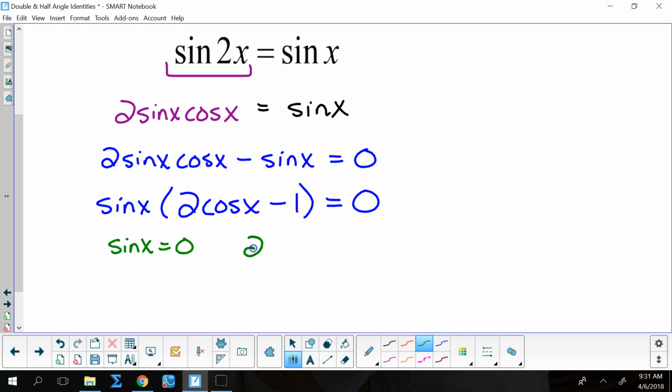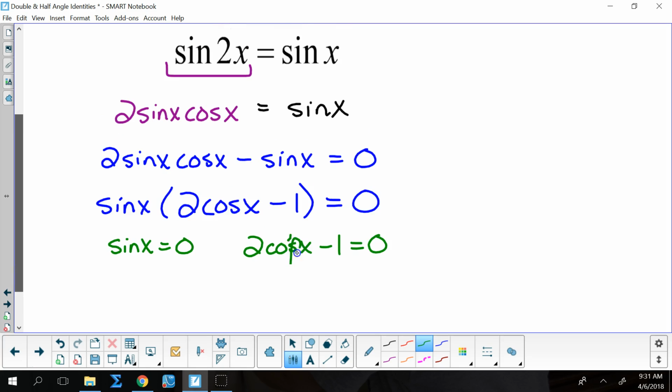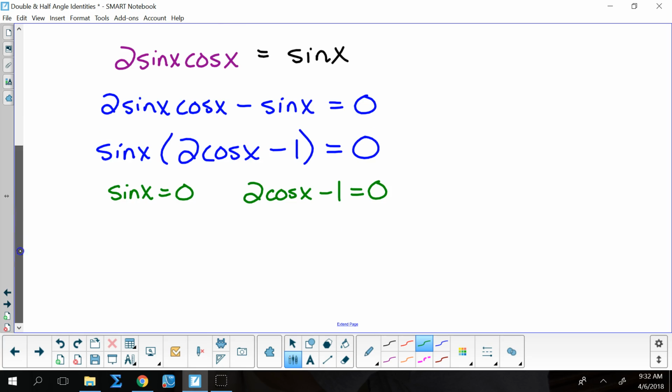And the 2 times the cosine of x minus 1 is equal to 0. And then I'm going to solve those two. First one's already solved. Two cosine of x is equal to 1. So the cosine of x is equal to 1/2.